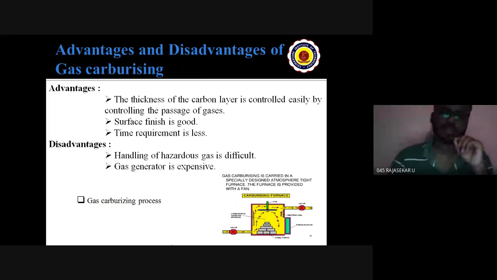The disadvantages are that handling of hazardous gas is difficult, and the gas generator is expensive. That is, the initial cost requirement will be more in the case of gas carburizing than both solid and liquid. Below is a typical gas carburizing process.